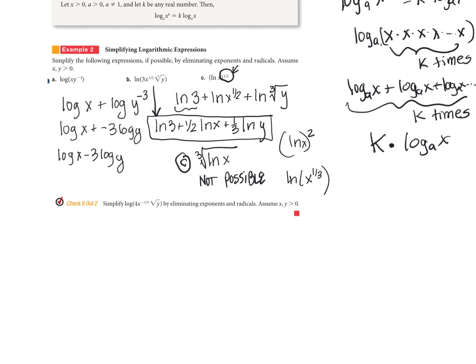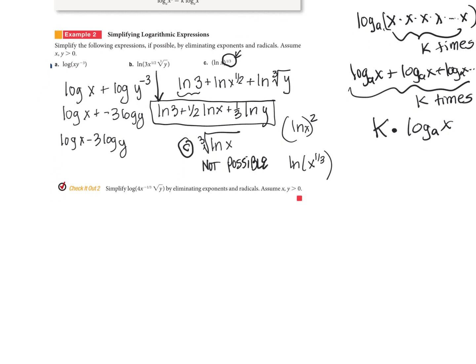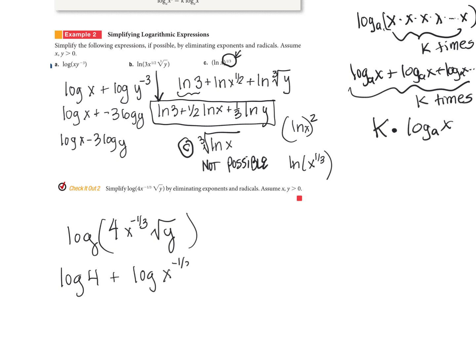All right, let's check this out. So I have 4x to the negative 1/3 root y, and this is all inside the common log. So we're going to break this up into each factor is going to be its own log first.